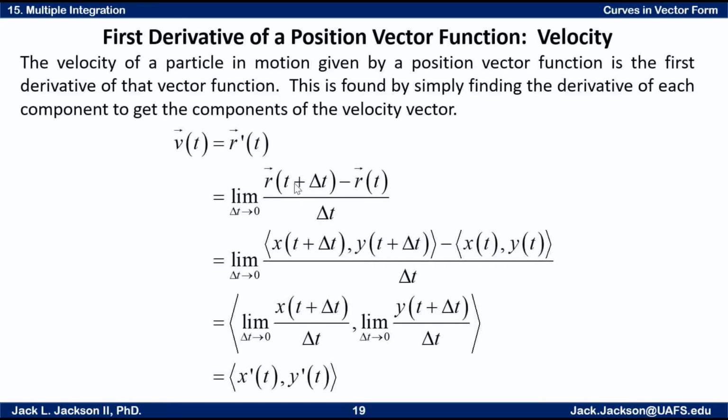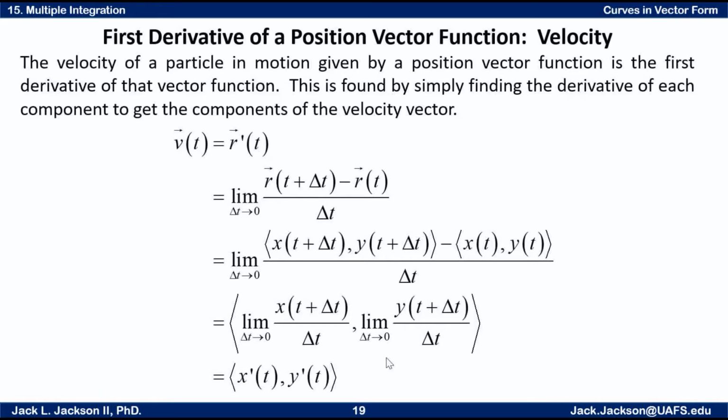Of course, R of t plus delta t means x of t plus delta t, comma y evaluated at t plus delta t, minus R of t, which is just x of t, comma y of t, that vector. Now, because of the way vectors work, these are subtracted component-wise. Dividing by a scalar just distributes into both parts, and the limit of a vector function is just the limit of each part. And so this is just x prime of t, and y prime of t.